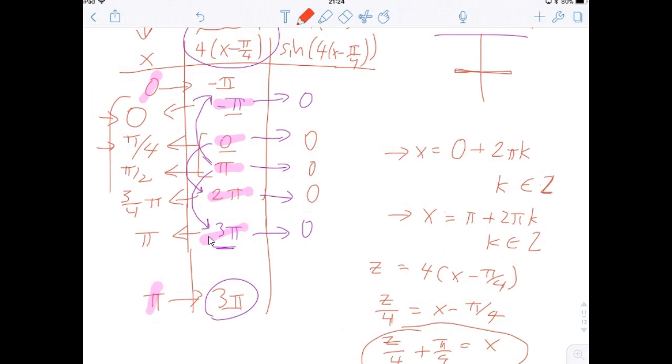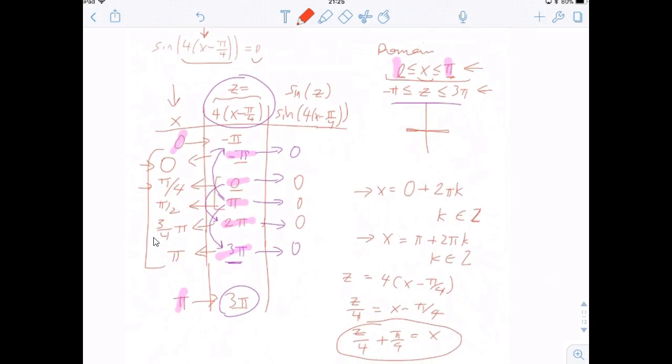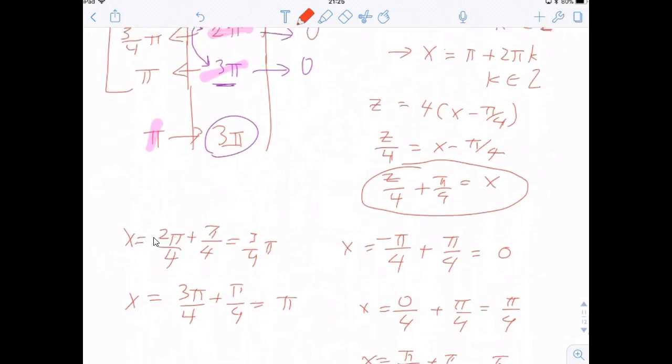And so now you can see that our solutions are x equals 0, x equals pi over 4, x equals pi over 2, x equals 3/4 pi, and x equals pi, and the smallest angle and the largest angle, 0 and pi, are exactly at the beginning and the end of the domain. So we're absolutely sure that we got every single one. That's always something you need to worry about: whether you got every single angle in the domain that is a solution.